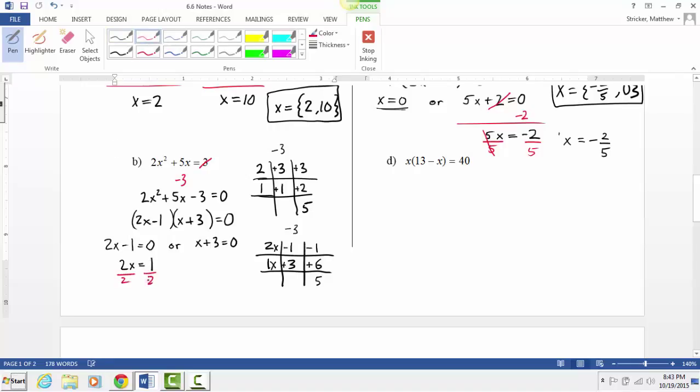Divide by 2. x equals 1/2. And then move that positive 3 to the other side, it becomes a negative 3. So my answer is negative 3 and positive 1/2.